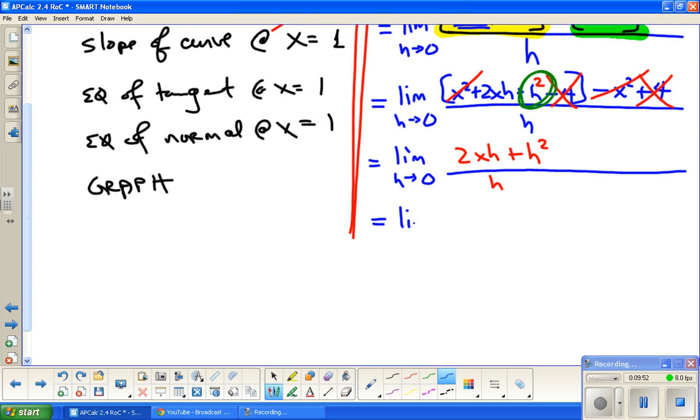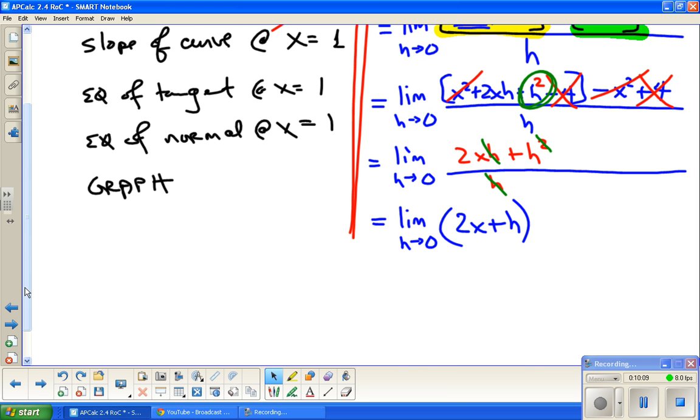So the limit as h approaches 0. I'm just going to divide out this common factor of h. Oh, I don't need that fraction bar. I just got a little excited there. So 2x plus h. Now there's no h in the bottom, so I couldn't just substitute h in before, because that would make it undefined or indeterminate.